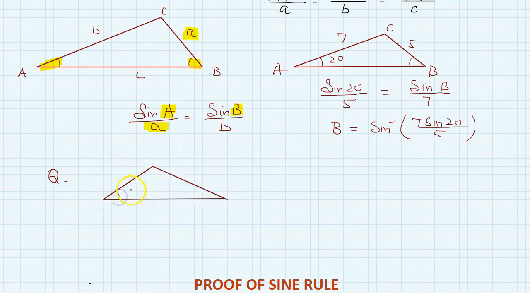If this angle is 35, this side is 3.8 and this side is 5.2, we have to find this angle X. So what we can write is sine 35 divided by 5.2 is equal to sine X over 3.8.